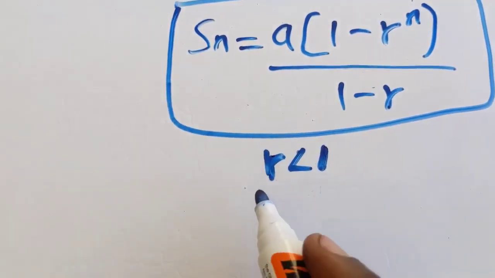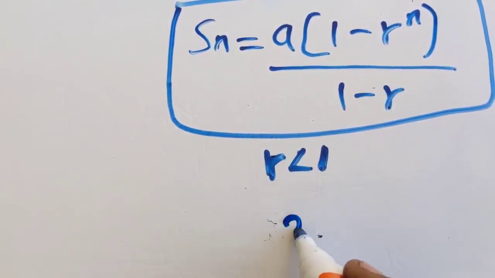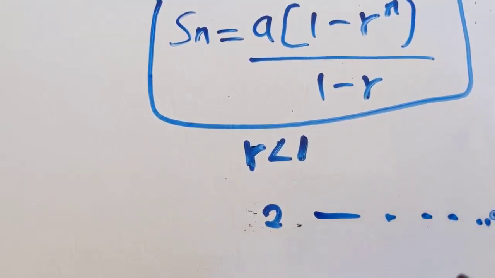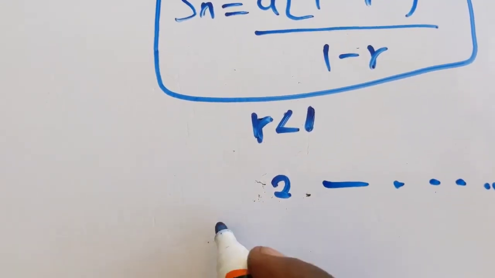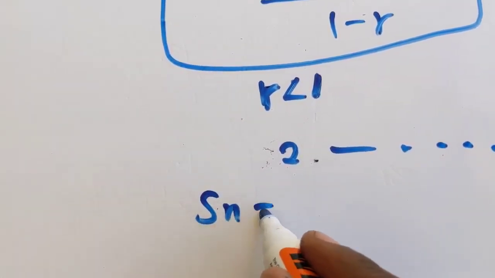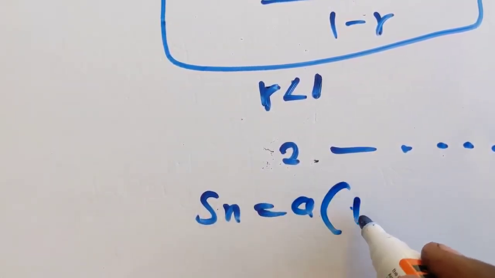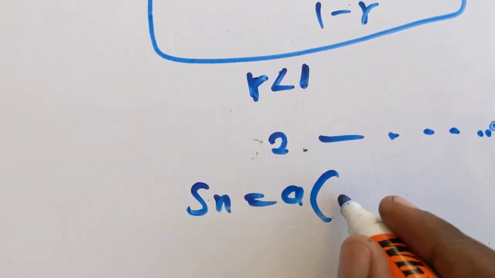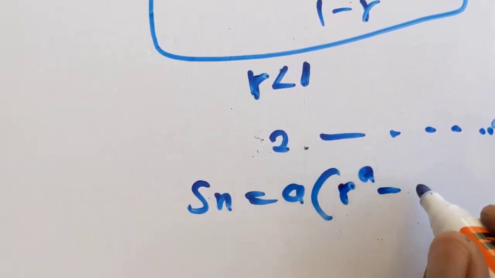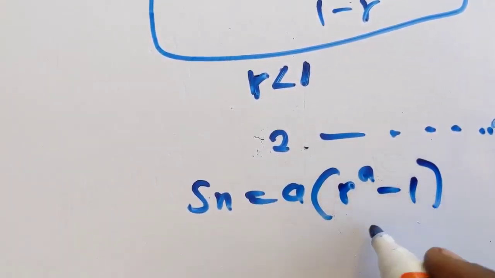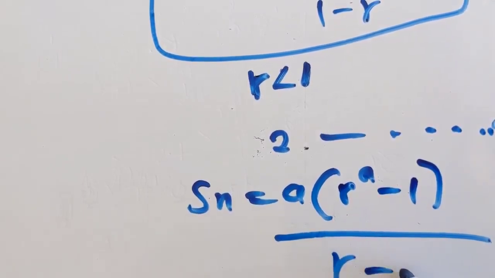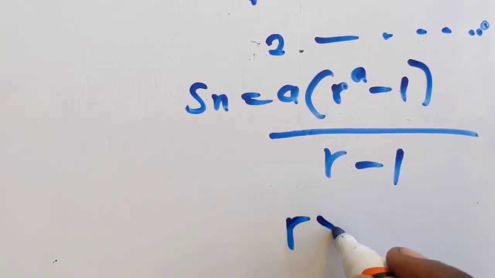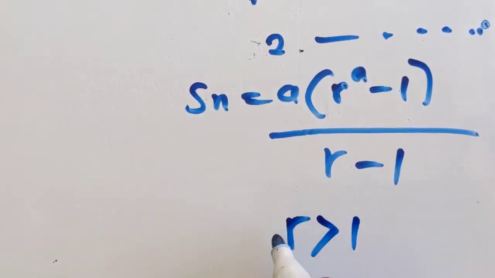If the common ratio is greater than 1, meaning starting from 2 going up, the formula to use is this one: Sn equals a, open bracket, r to the power n minus 1, over r minus 1.